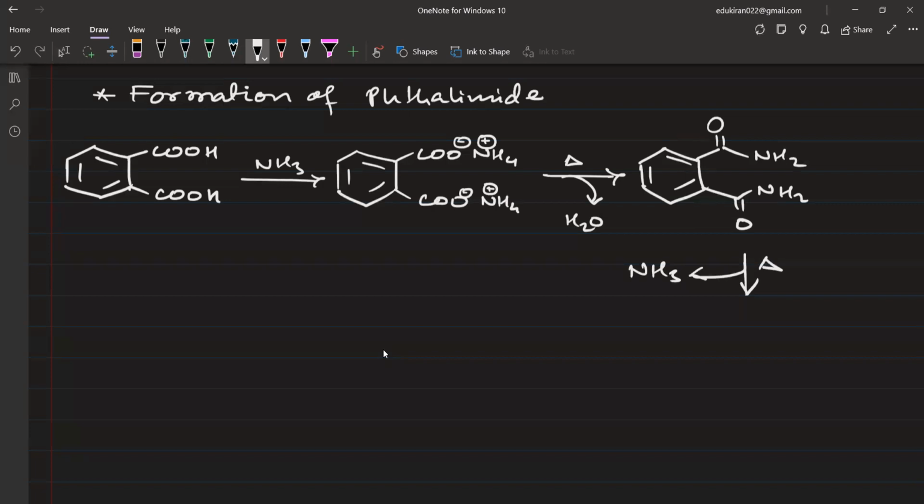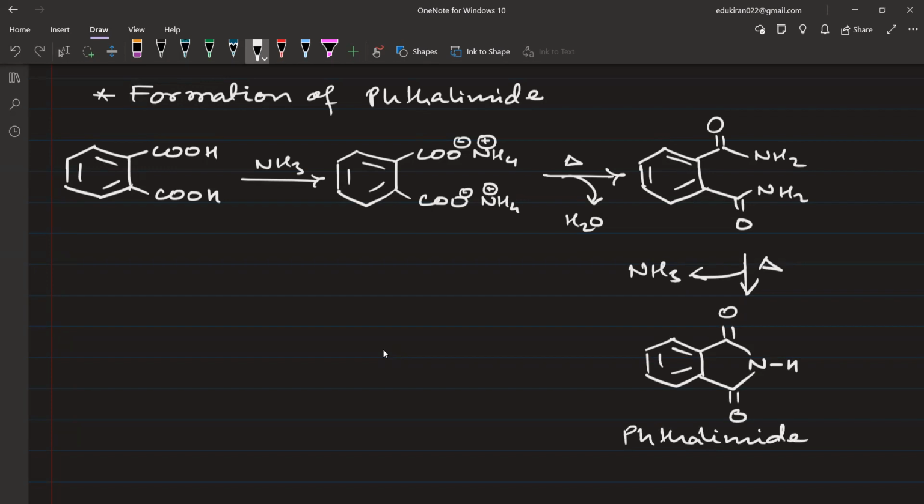Okay, so nitrogen, 2 hydrogens and 1 hydrogen from here. And there will be a ring formation like this. Nitrogen and 1 hydrogen will be remaining. This double bond O is as it is, and this double bond O is as it is. This is phthalimide, P, H, T, H, A, L, I, M, I, D, E.